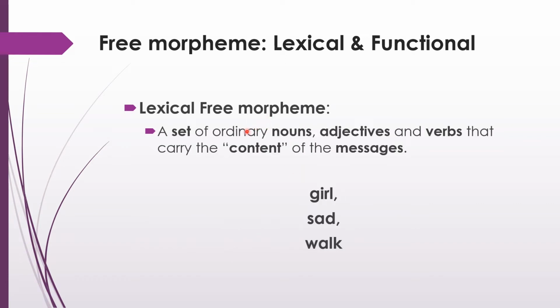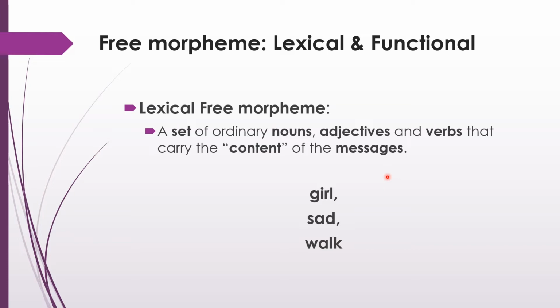So first one, lexical free morpheme. Lexical free morphemes are a set of ordinary nouns, adjectives and verbs that carry the content of the message. For example, rather than saying Karim wants to play football, if I produce only Karim wants play football, with nouns, adjectives and verbs in there, it will still give you a proper meaning.